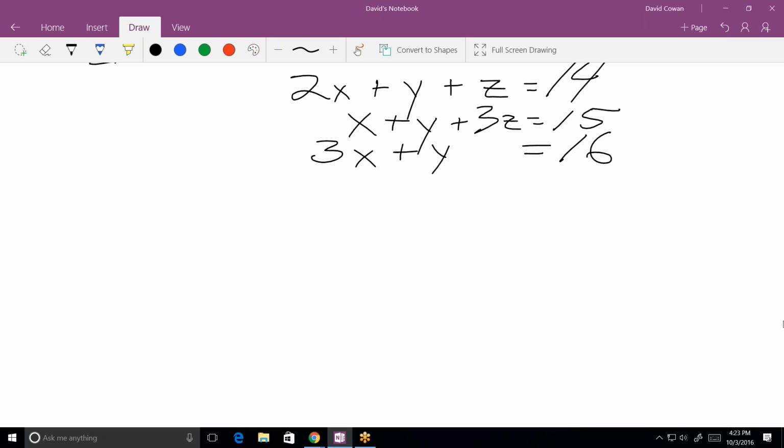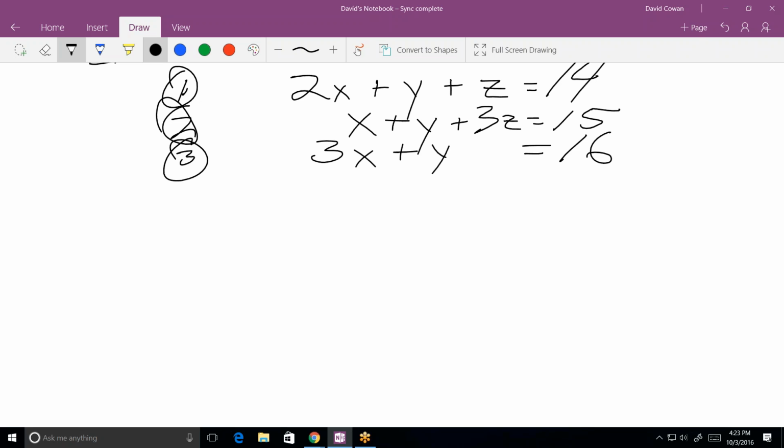Well, we have to number our equations. Good, I love that, yes. Okay, so 1, 2, and 3. What's the strategy? What's the first thing we're going to do? We're going to use elimination and eliminate one of the variables.